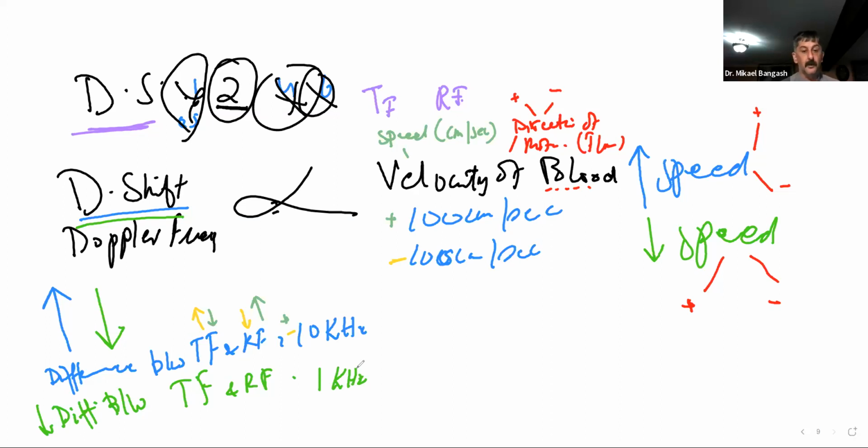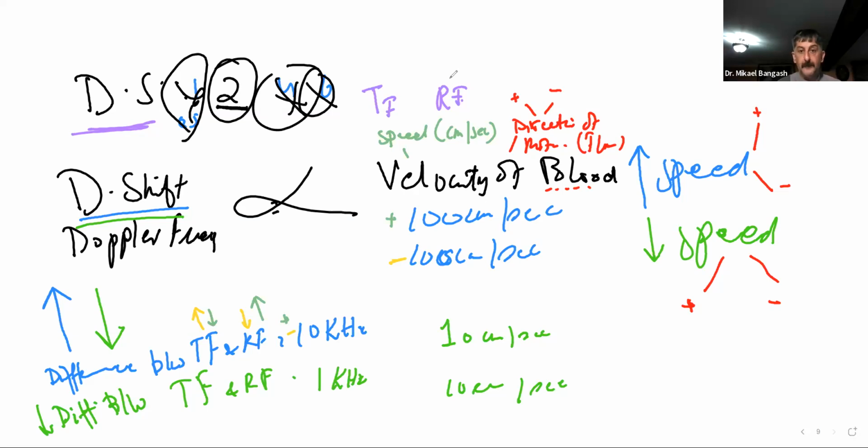Now let's assume the system calculates that as a speed of, say, 10 centimeters per second. But how does it get that? Because we have a lesser difference between the two frequencies.